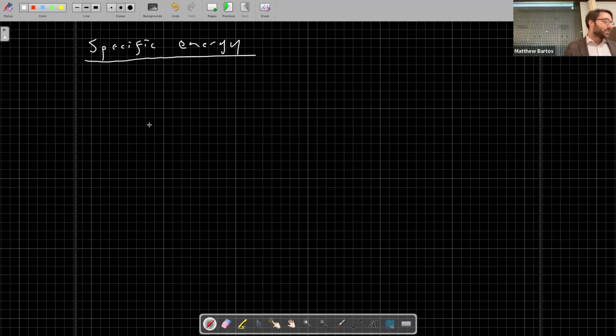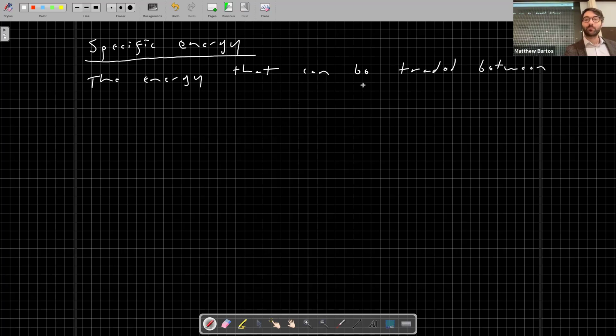So specific energy, you can basically think of it as the energy that can be traded between potential energy, i.e. the energy associated with the depth of the water, and kinetic energy, i.e. the energy associated with the velocity of the water.